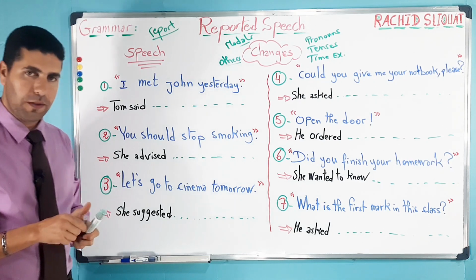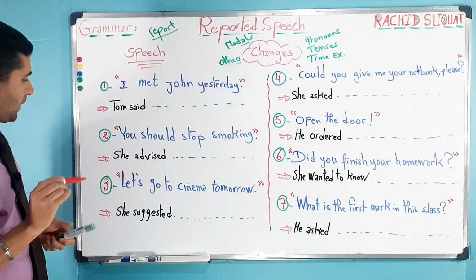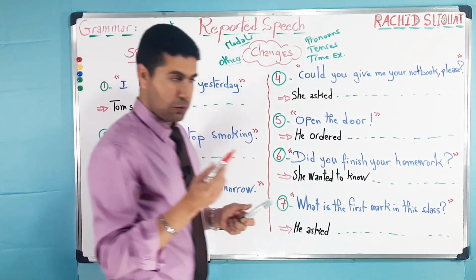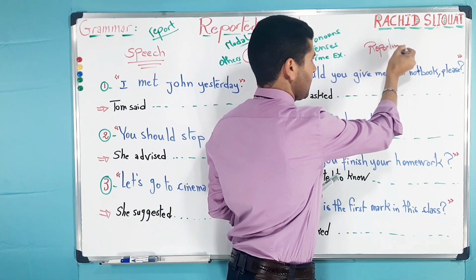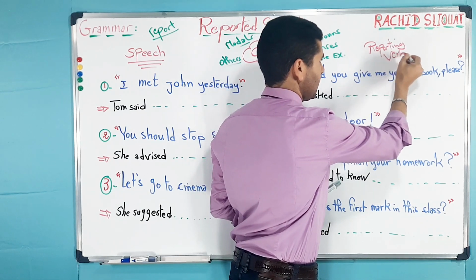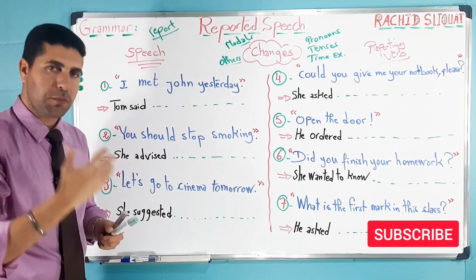This is one thing. And another thing that you also have to keep in mind, and this is very essential too, is what we call the reporting verb, which means the verbs we use to report speeches.